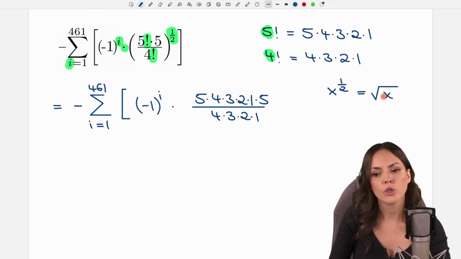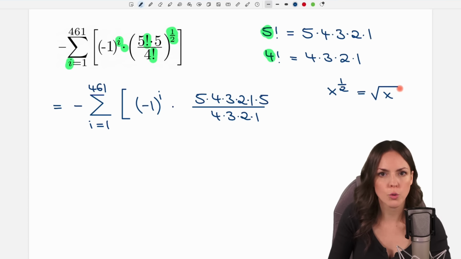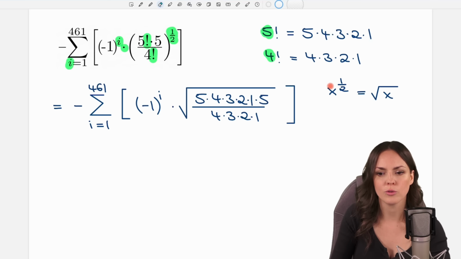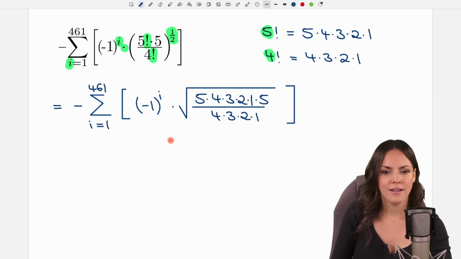Depending on what you prefer to work with, you can either use the square root or this power here. I prefer the square root now because then we really know what we're working with here. So instead of the raised to the power of 1 over 2, I'm going to write a big square root in here and then close all of this.